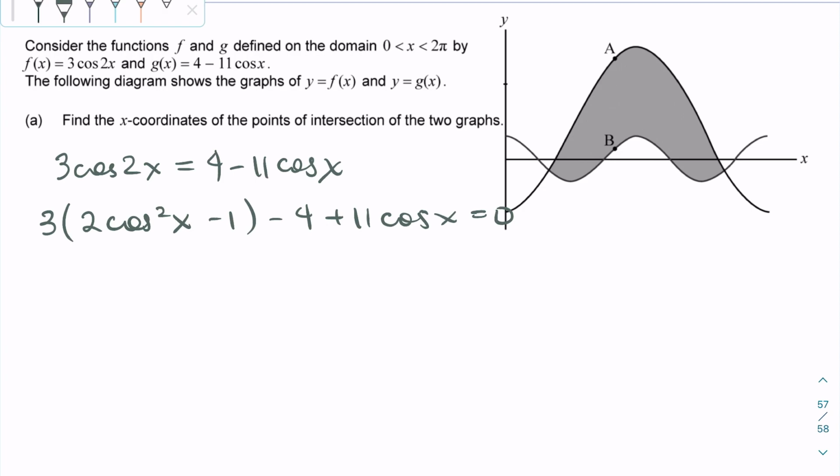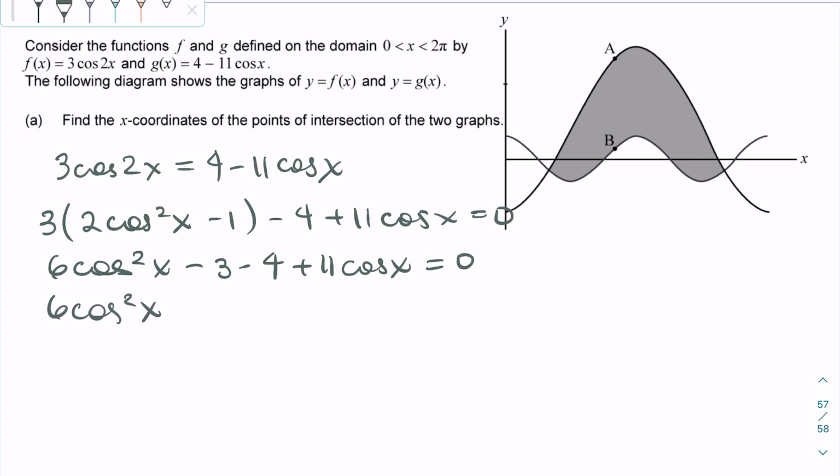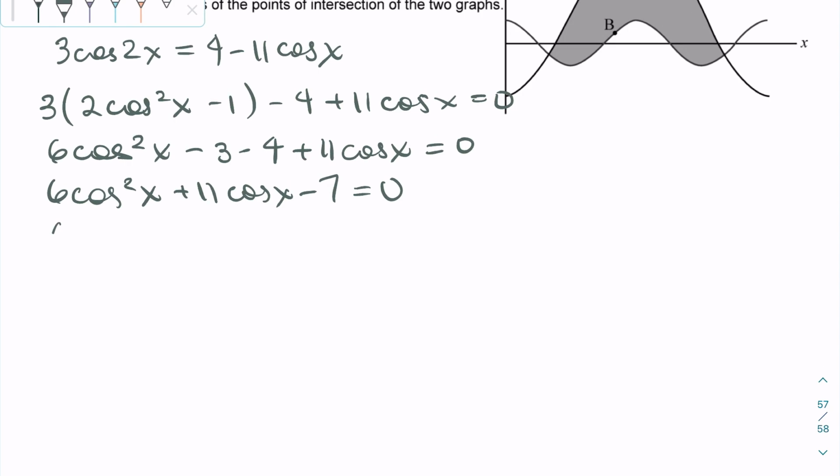We can then expand the parentheses and we're left with a quadratic that can actually be factored.